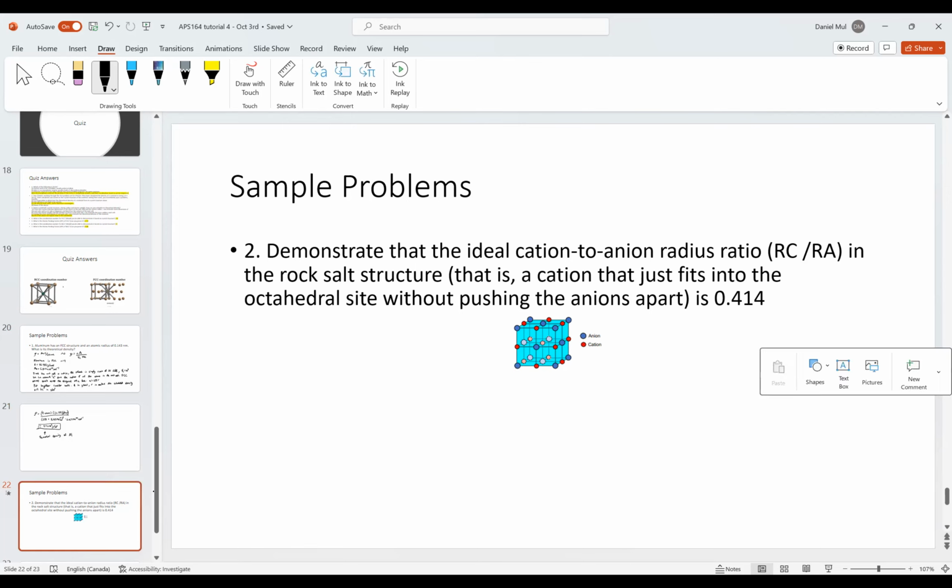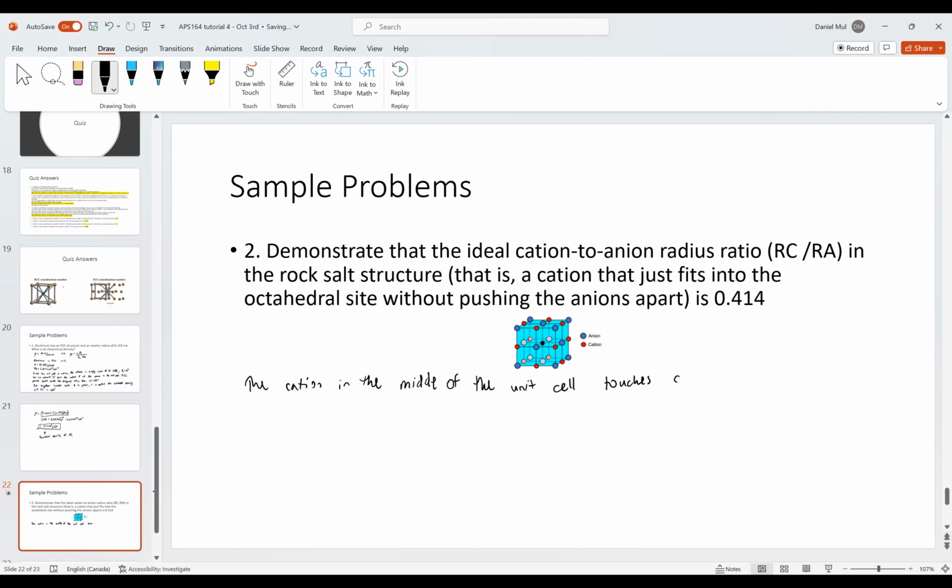If we just consider one cation, the cation in the middle, the very center one, let's say this one, the unit cell touches 6 anions.